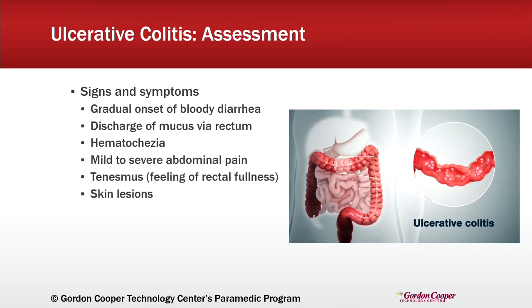Signs and symptoms of ulcerative colitis include a gradual onset of bloody diarrhea, maybe a mucosal discharge, hematochezia, some bright red blood. Mild to severe abdominal pain kind of comes with it. They may have the feeling of a rectal fullness and some joint pain, skin lesions, and signs of infection, such as fever and elevated white counts.